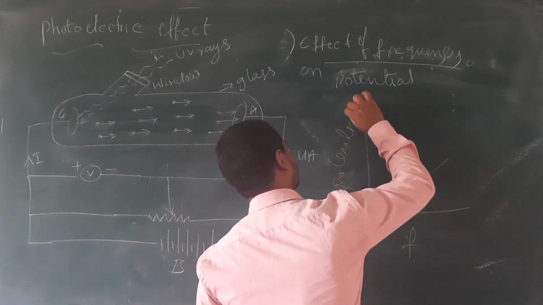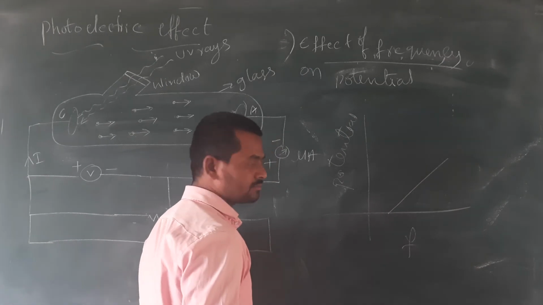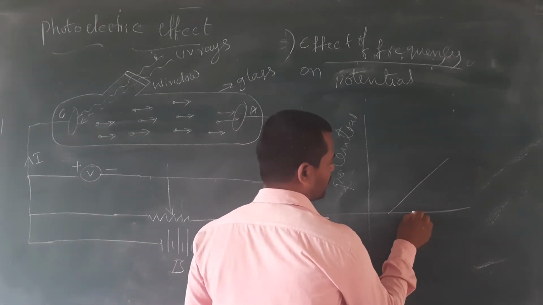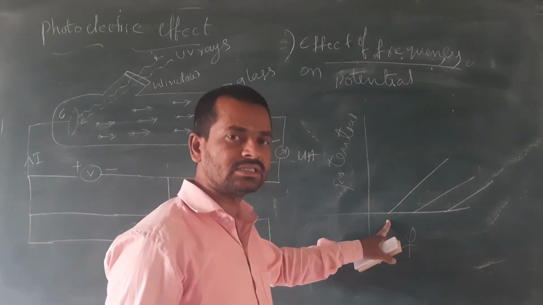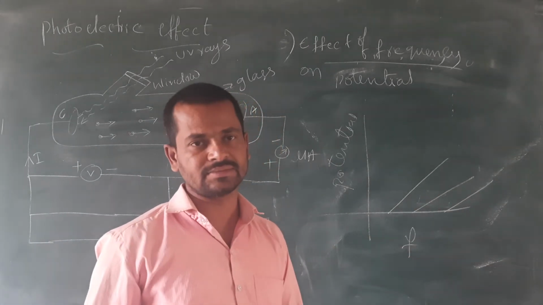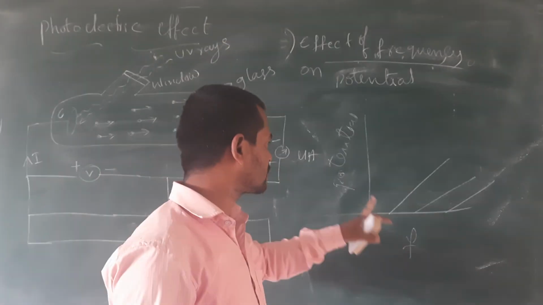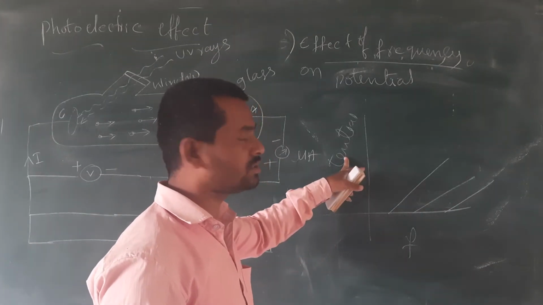If you draw a graph like this, different metals can produce a current at different frequencies.